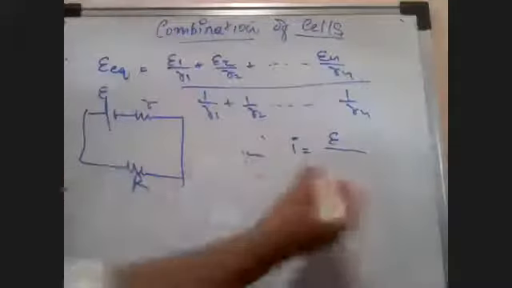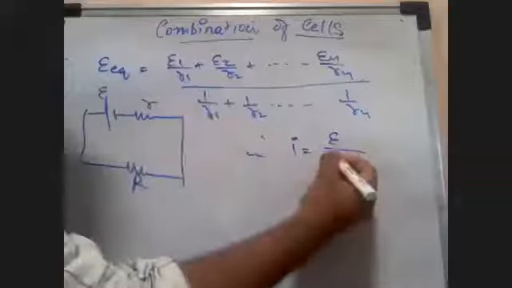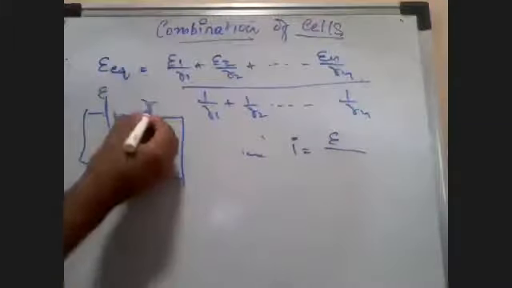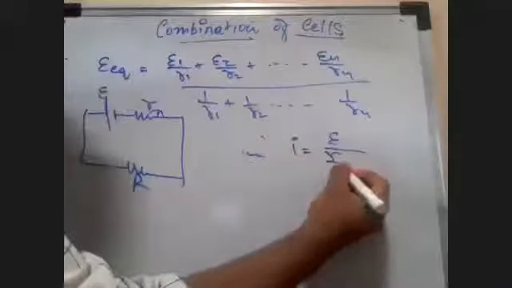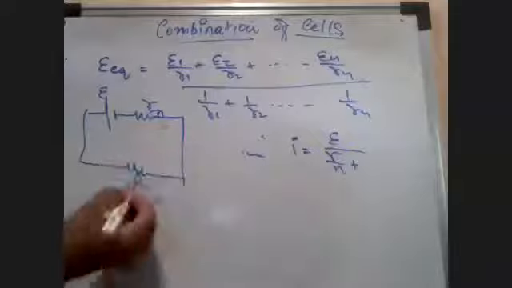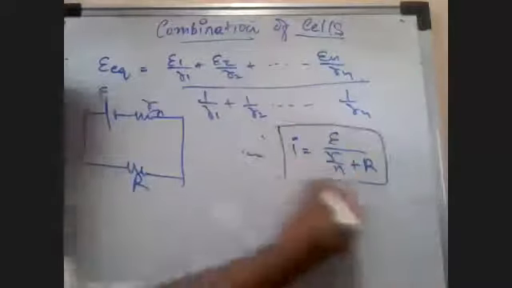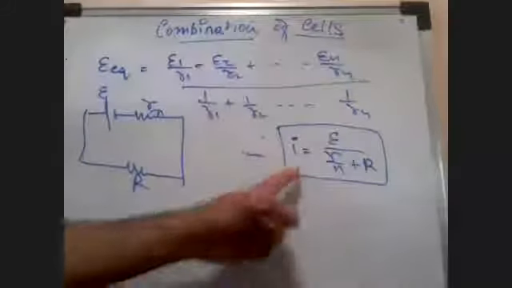The equivalent resistance of the resistors in parallel is R by N, of course. So R by N is in series with capital R. This will be my current. All clear, everyone? Now, again, this is the general solution.